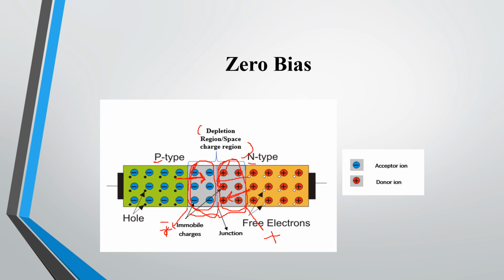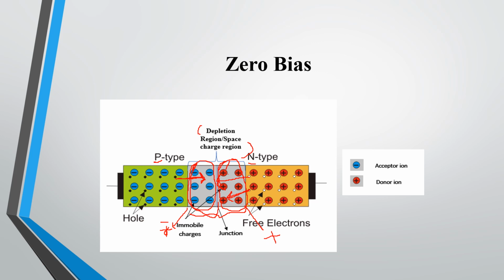These thermally generated minority carriers will start flowing due to the negative and positive fixed charges which are developed near the p-type and n-type. Here in the p side we have negative charge created, and in the n-type we have positive charge created.